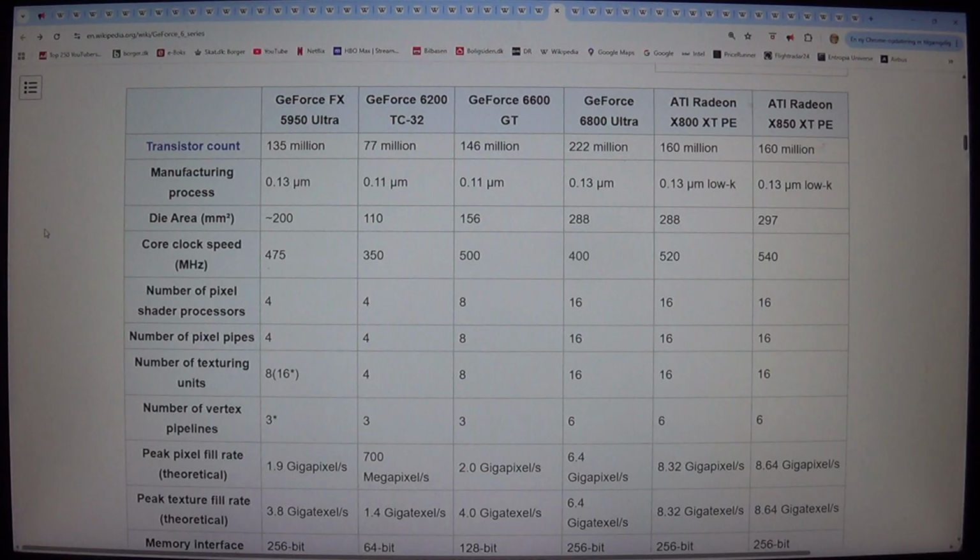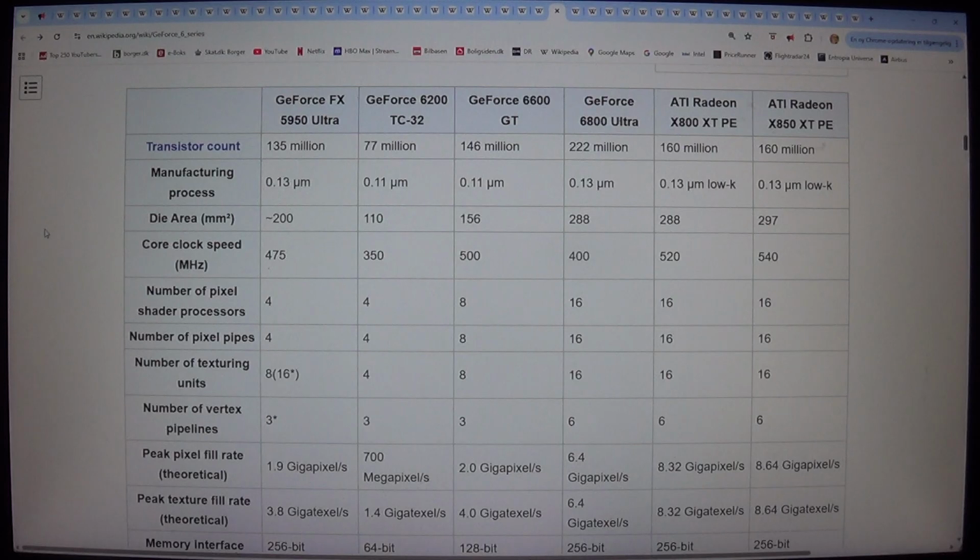Transistor count: 135, 77, 146, 160, 160, 160 million. Manufacturing process: 0.13 micrometer, 0.11 micrometer, 0.11 micrometer, 0.13 micrometer, 0.13 micrometer low-k, 0.13 micrometer low-k.